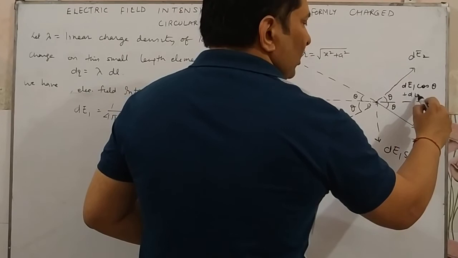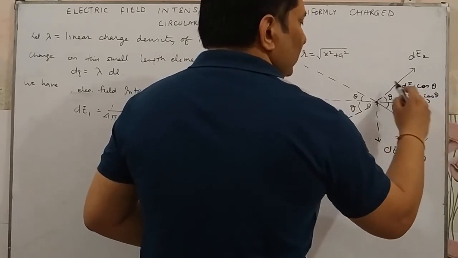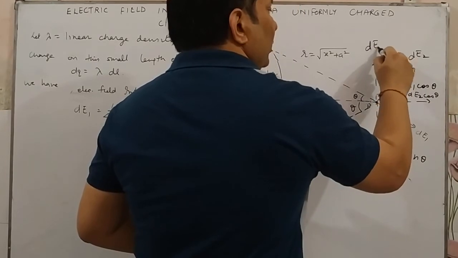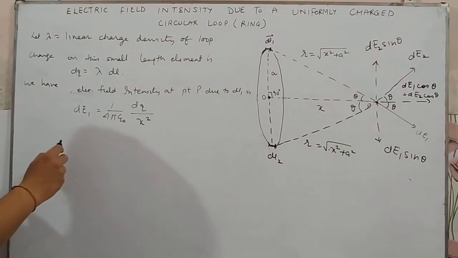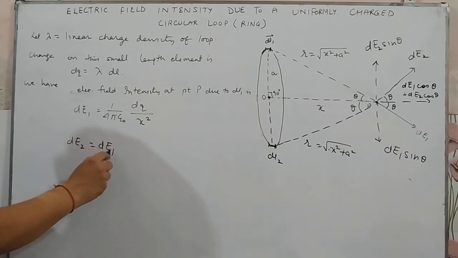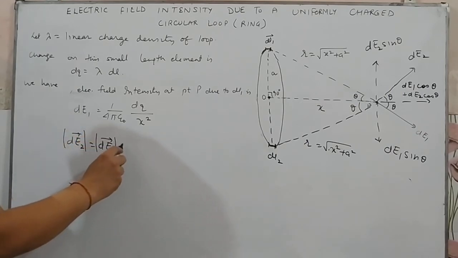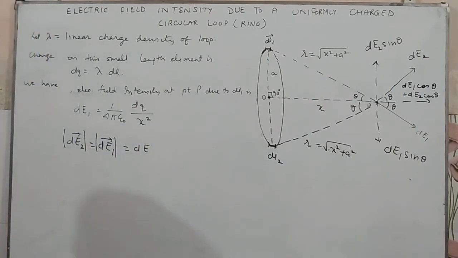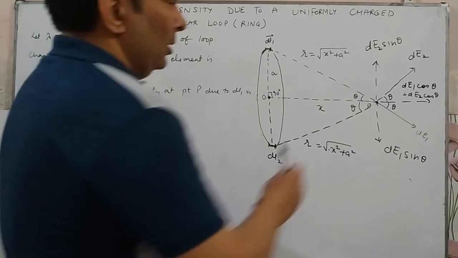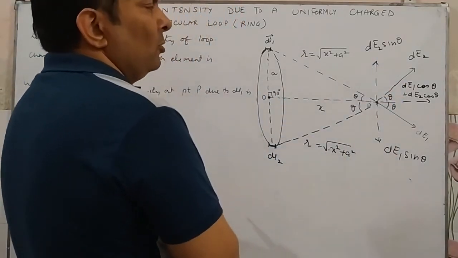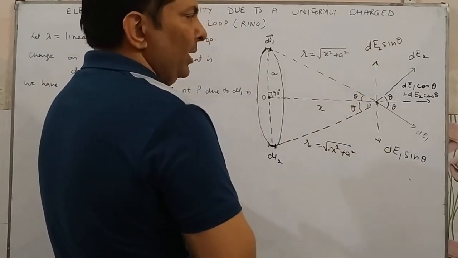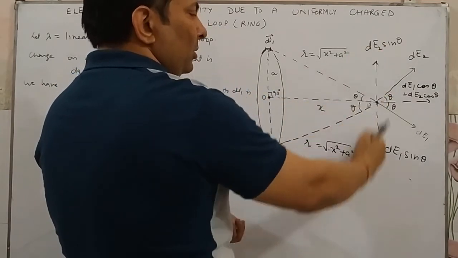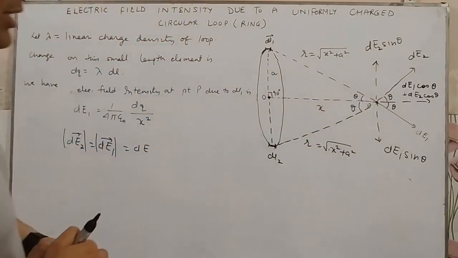Components are dE2 cos theta, and the component along this direction is dE2 sin theta. Okay, and you can easily see that the value of dE2 and dE1, they both have same magnitude, let it be equal to dE. Fine. So in that case, these two components, they are equal as well as opposite, because dE1 is equal to dE2 in terms of magnitude. So these components along this vertical line will be equal as well as opposite and hence cancel out.